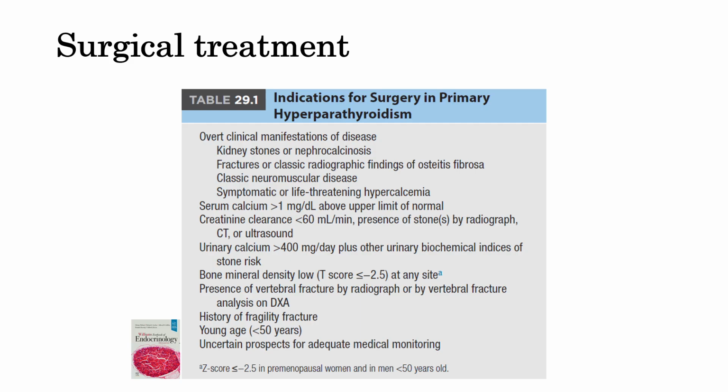Those candidates may have kidney involvement, like kidney stones and nephrocalcinosis; when serum calcium is more than 1 milligram above the upper limit; when creatinine clearance is less than 60; when there are kidney stones on CT or ultrasonography; when there is hypercalciuria more than 400 milligrams a day; when there is evidence of osteoporosis like fragility fractures or bone mineral density less than minus 2.5; and also younger patients are candidates, like those less than 50 years.